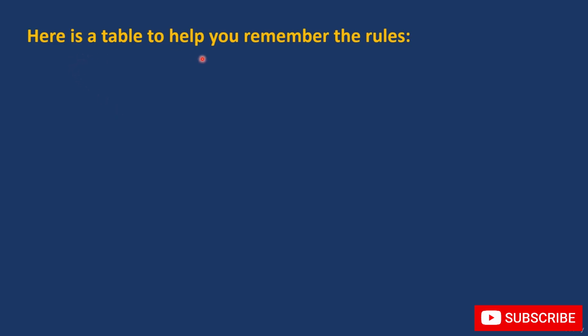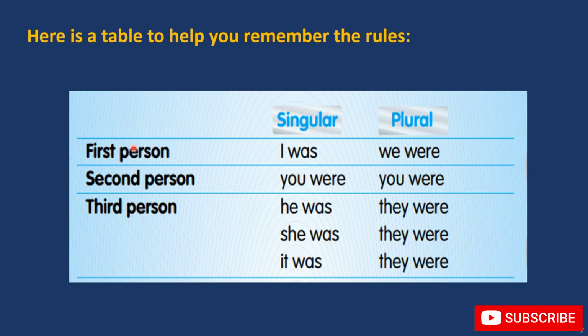Here is a table to help you remember the rules of was and were. Let's watch it. We have something called first person, this is I and the plural we. Second person, you, singular, and also you, plural. Third person, he or she or it, this is singular, and the plural, they.